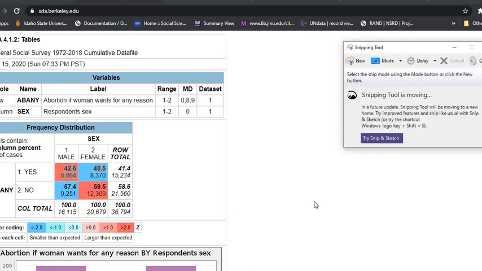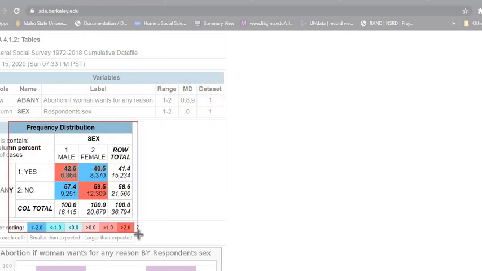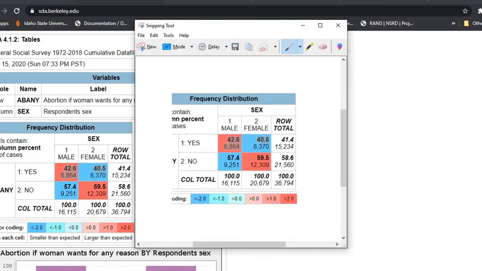Or if you like to use the snipping tool, you could snip the table and paste that into your paper and email me that. However you want to do it, I want you to include your table somehow so I can see if you interpreted it correctly, and so you can get your full points for it.